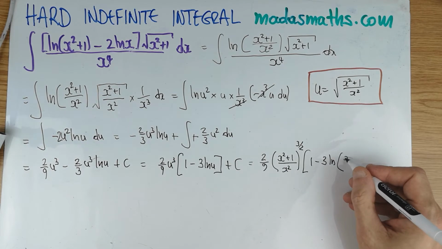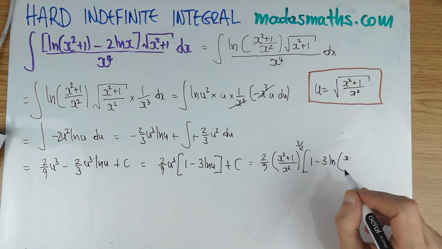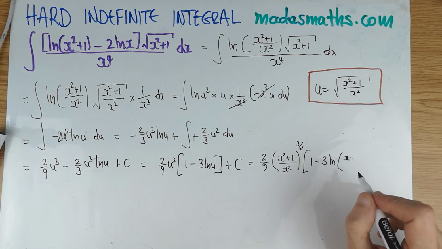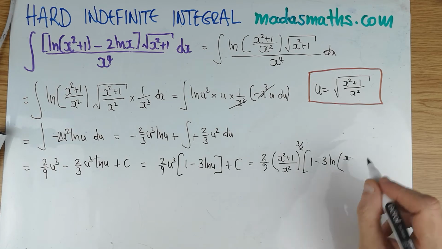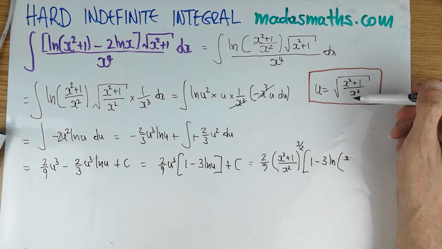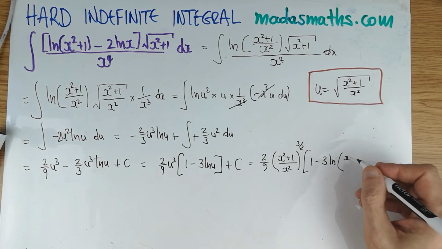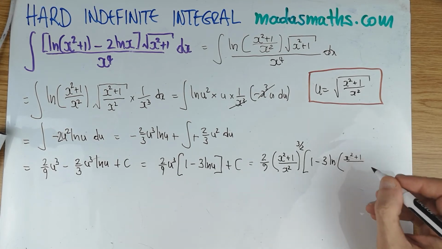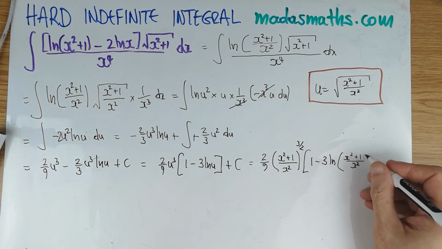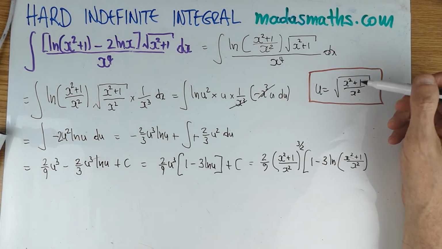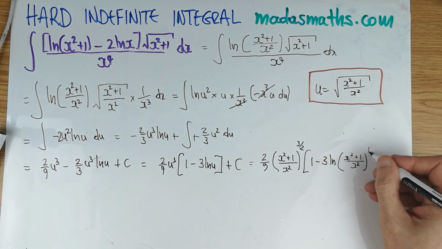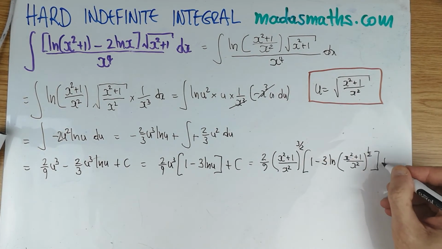I'll write it like this because I want to move the bit at the front. So this one I can write as x squared plus 1 over x squared, and it's the log of u, actually nicely square rooted, that's okay, plus c.